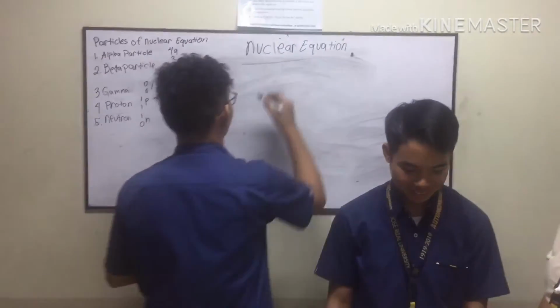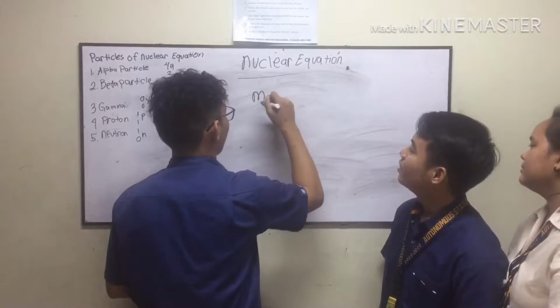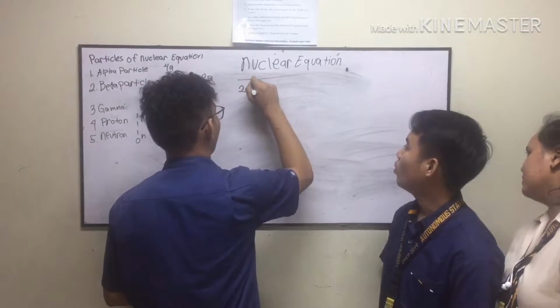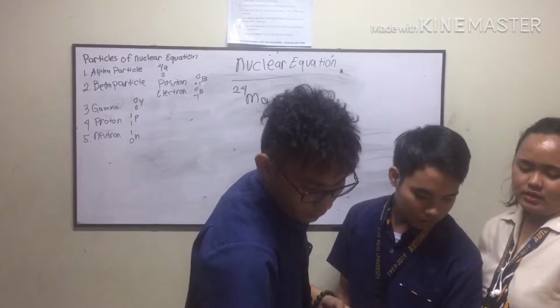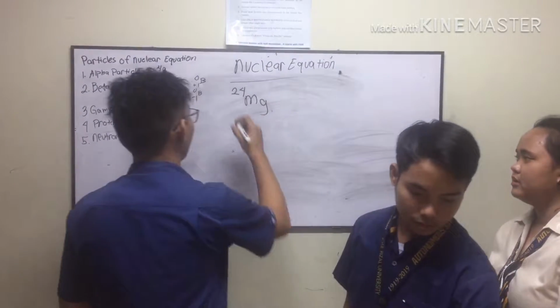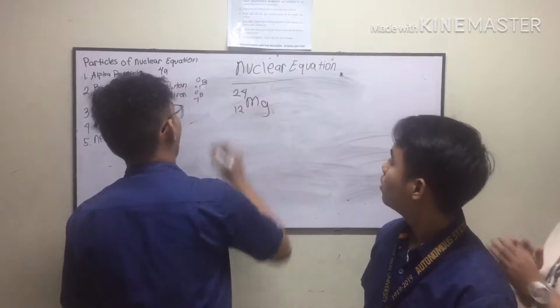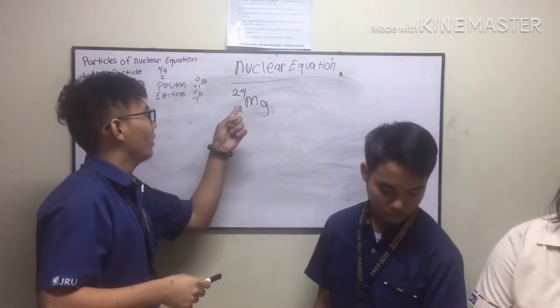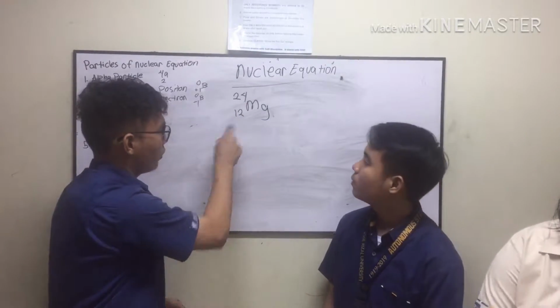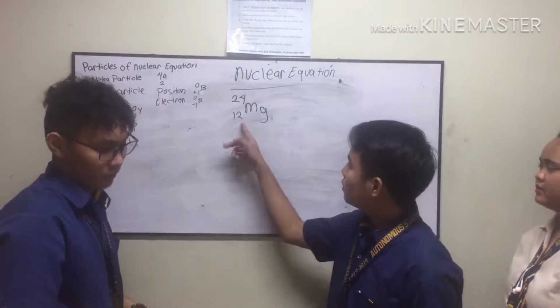Let's get magnesium-24. You will ask, how do we get this 12?